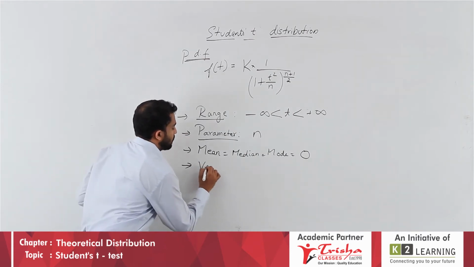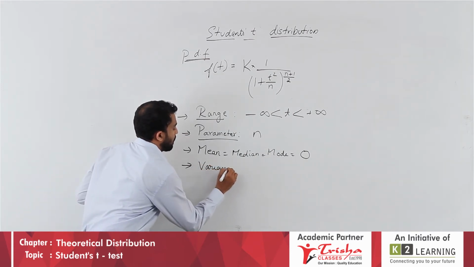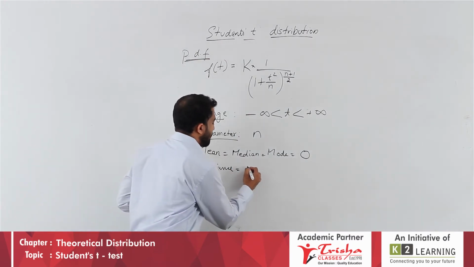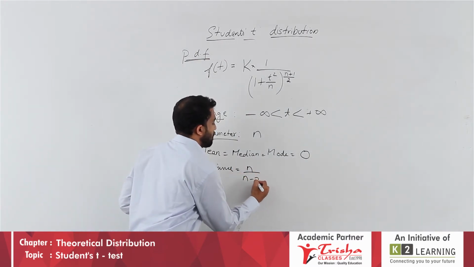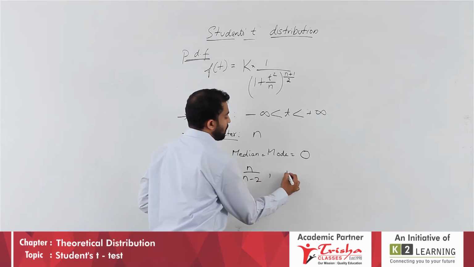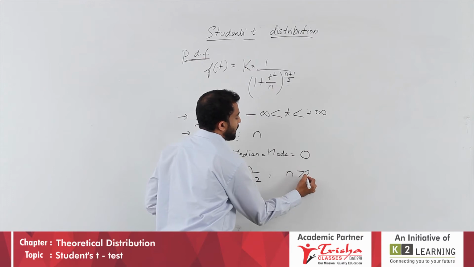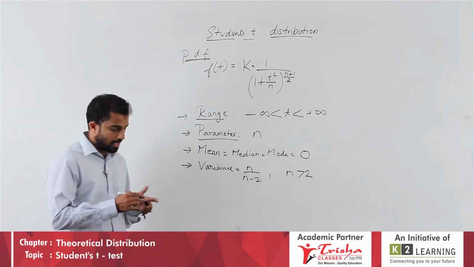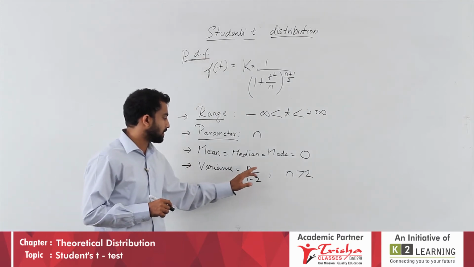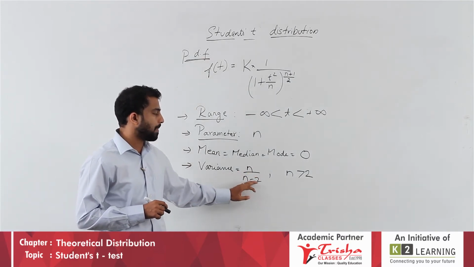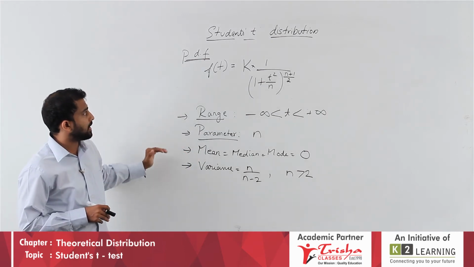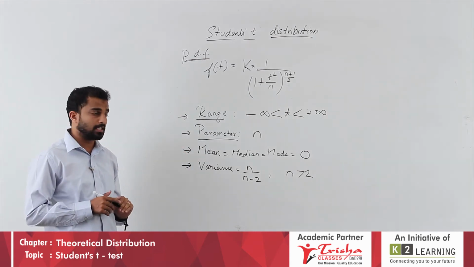And variance, students: variance is equal to n divided by n minus 2, but remember here n has to always be greater than 2. So these are all the things you need to know about Student's t distribution.